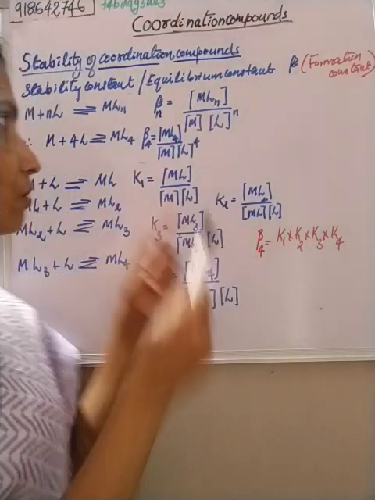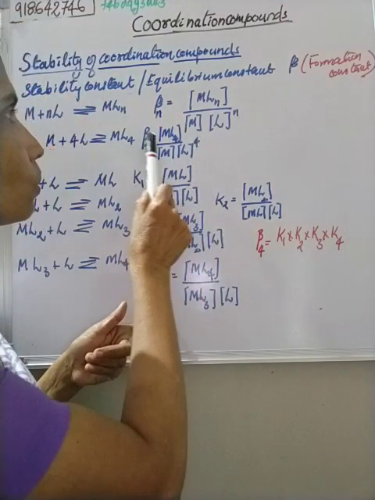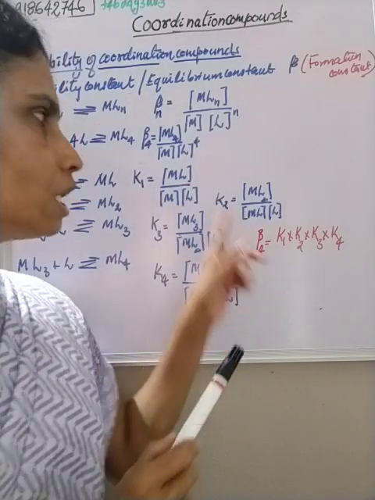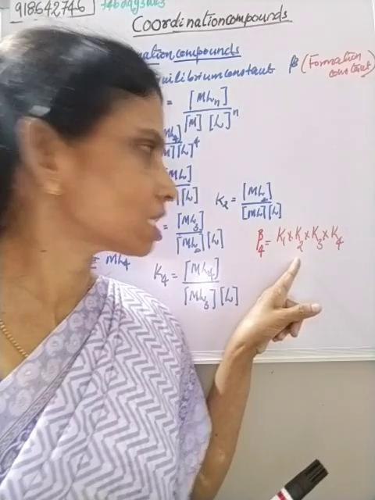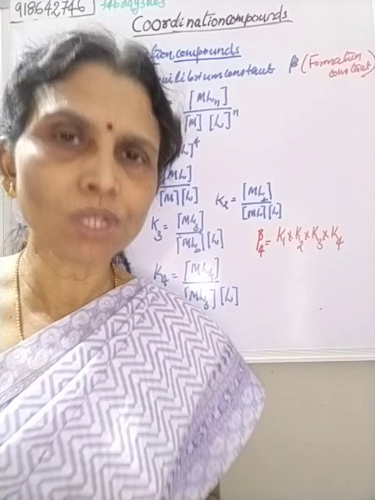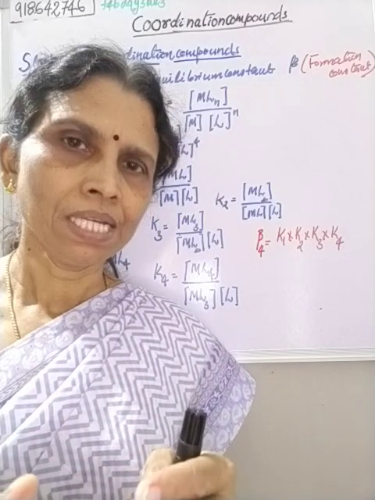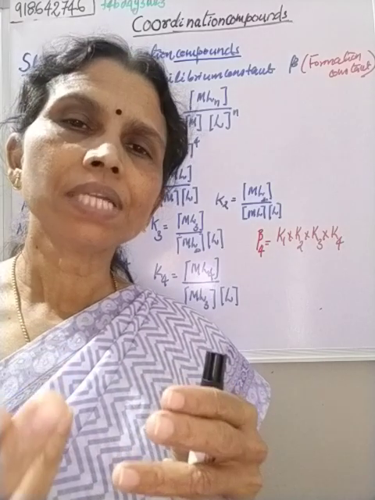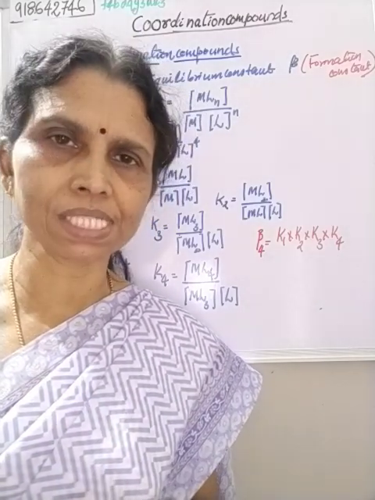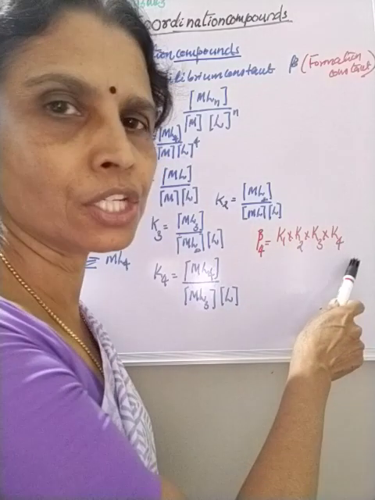If you multiply all these equations, you will get the net equation, beta 4 is equal to ML4 divided by M into L raised to 4. So the overall stability constant is the product of the stepwise stability constants. This you have already seen in the lesson on equilibrium: when an equilibrium is split into different steps, the overall equilibrium constant is the product of the stepwise equilibrium constants. Same thing here also. So beta 4 is equal to K1 into K2 into K3 into K4.